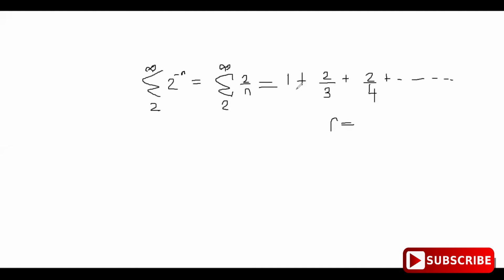Just to check, in order to know if it's actually a GP, you need to see if 2 over 4 divided by 2/3 gives you the same value. So 2 over 4 divided by 2 over 3 is 3/4.